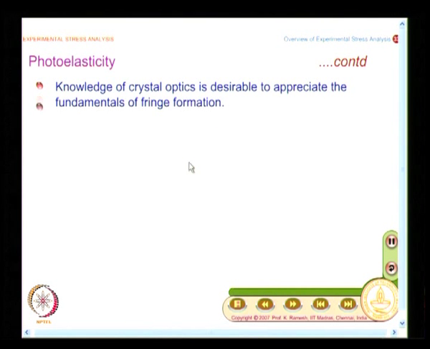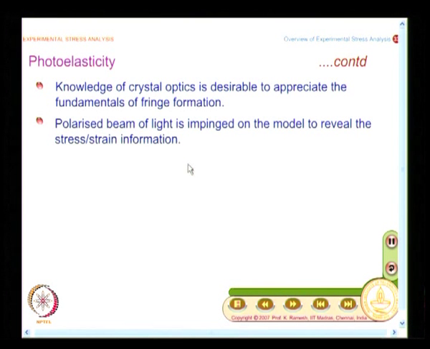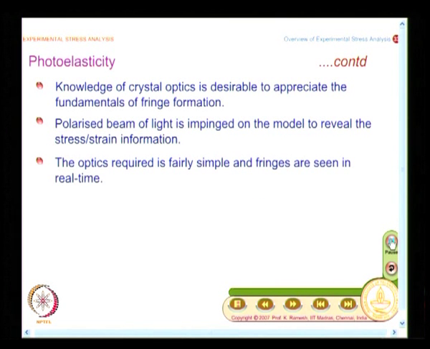Crystal optics is desirable to appreciate this, but we have already said that you can do it without it. And what you do here is, you use a polarized beam of light for revealing the stress information, and the optics required is fairly simple, and fringes are seen in real time.